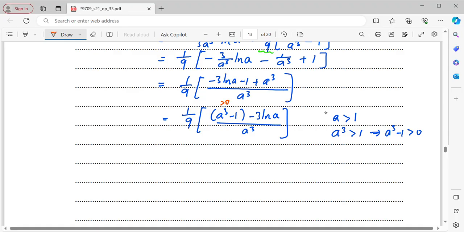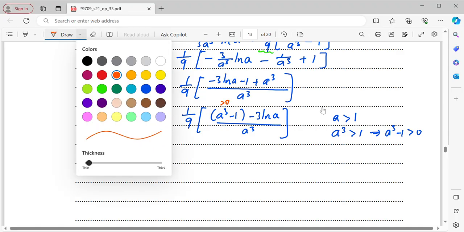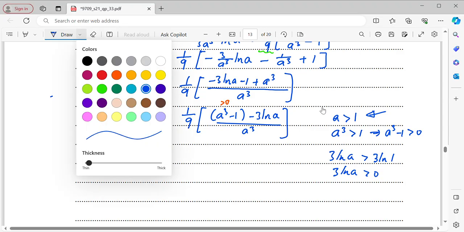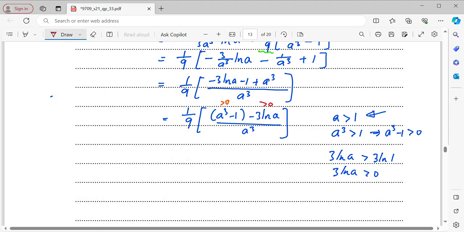Now, I need to minus 3 ln a. What happened to the 3 ln a? So 3 ln a will be greater than 3 ln 1 based on a greater than 1. So ln 1 is 0. That means 3 ln a is greater than 0.